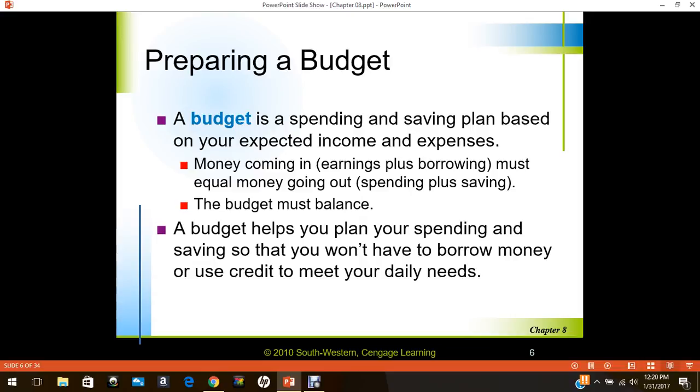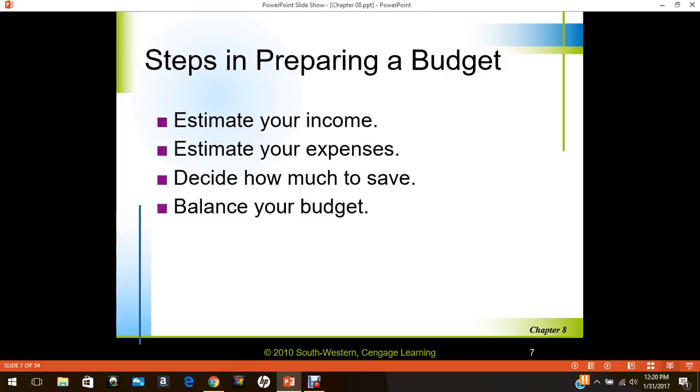When we develop a budget, we take a look at the money that's coming in, which is our earnings plus borrowing, and it has to be equal to the money that's going out, which is spending plus savings. This is important because the budget has to balance, but it's also going to help you plan your spending and your savings so that you don't have to borrow money or use a credit card in order to meet your daily needs.